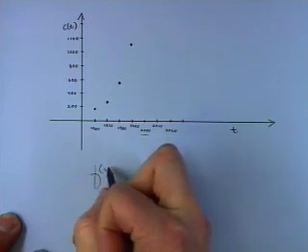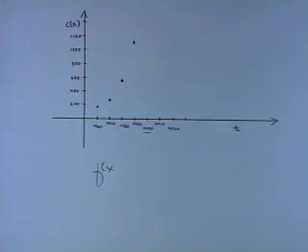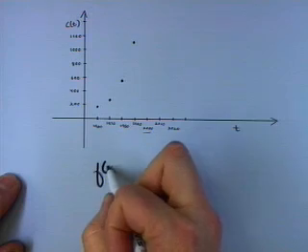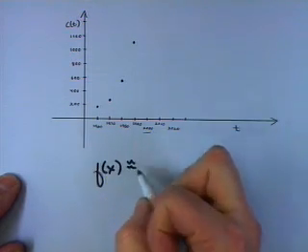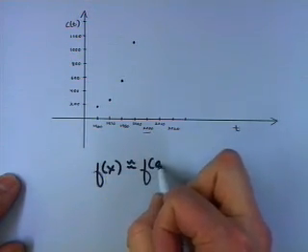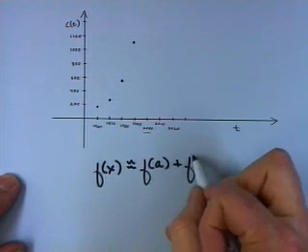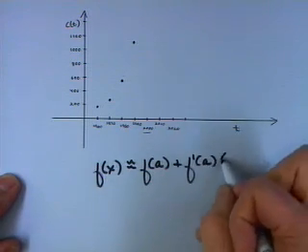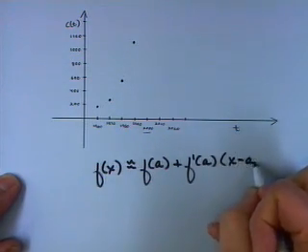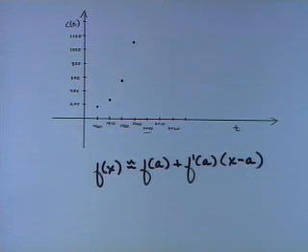We're going to approximate the function by the function at a plus the first derivative at a times x minus a. That's our starting point for this linearization or linear approximation. So the value, as close as we can get to the year 2000 with our information, is 1990, right?